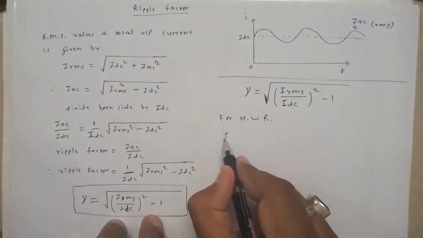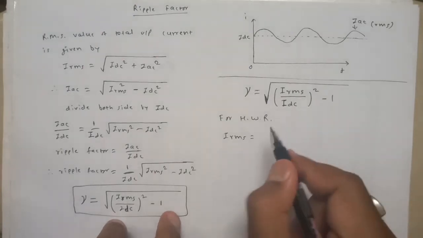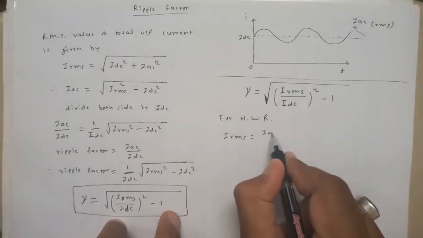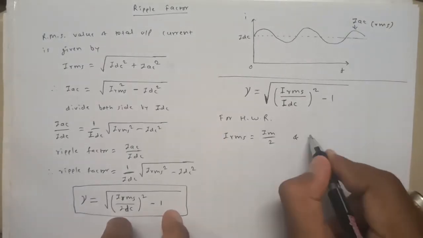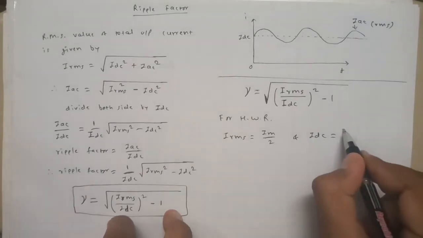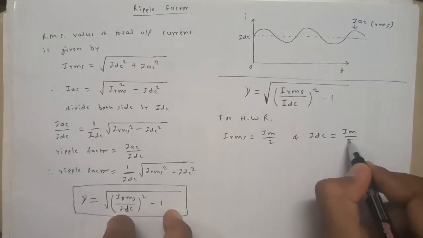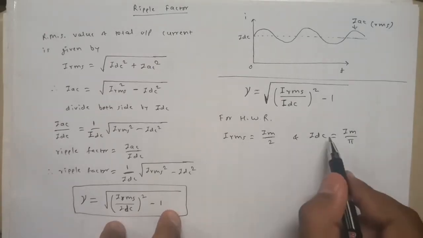If you remember, it is IM by 2. Also, the equation for IDC in case of half wave rectifier we have derived, and it is IM by pi. So we have to simply put the value of IRMS and IDC here.